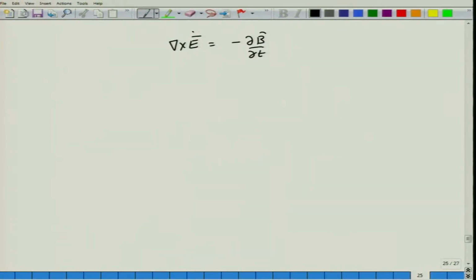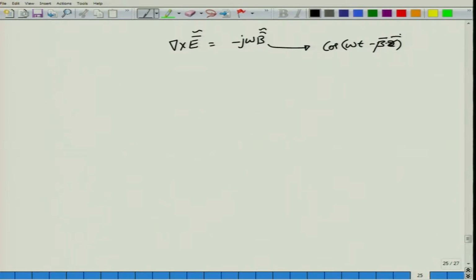So if I express everything in terms of a phasor, this is how I express the vector phasor: I put a small tilde on top of it. For the phasor there is no time dependence, because that is precisely the definition of a phasor, and instead del by del t becomes j omega, where we will assume that the original B field is of the form cos of omega t minus beta dot r.